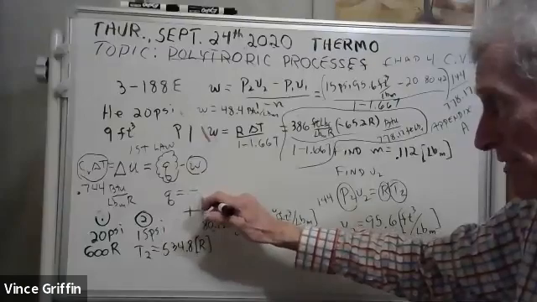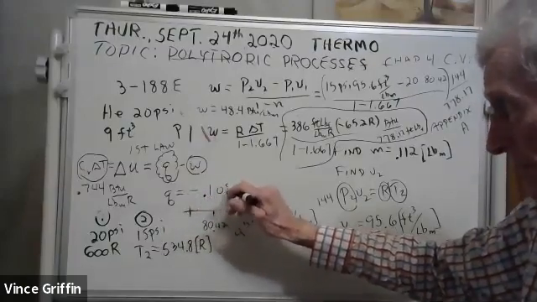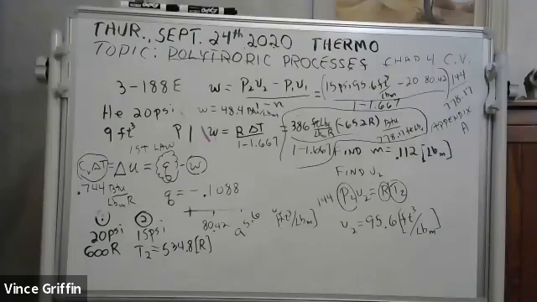I got negative 0.13 BTUs per lbm. How come I got negative 0.108 something? Do yours again. Okay, that's what I just got. Negative 0.1088. Yeah, that's what I got. That's also what I got. Yay. Bryce, you probably pushed the wrong button somehow.